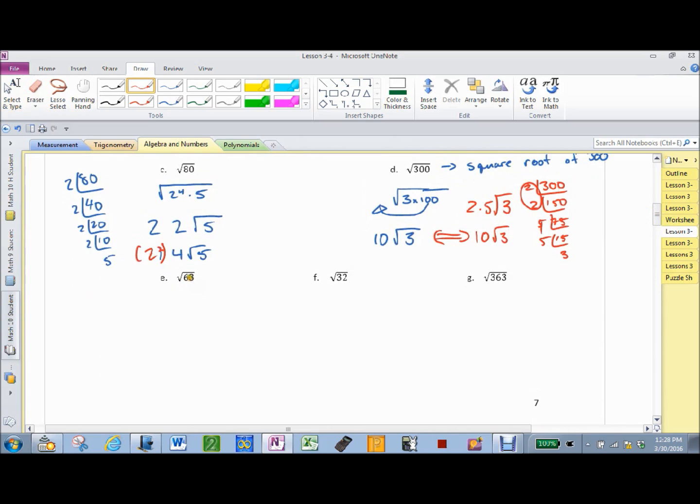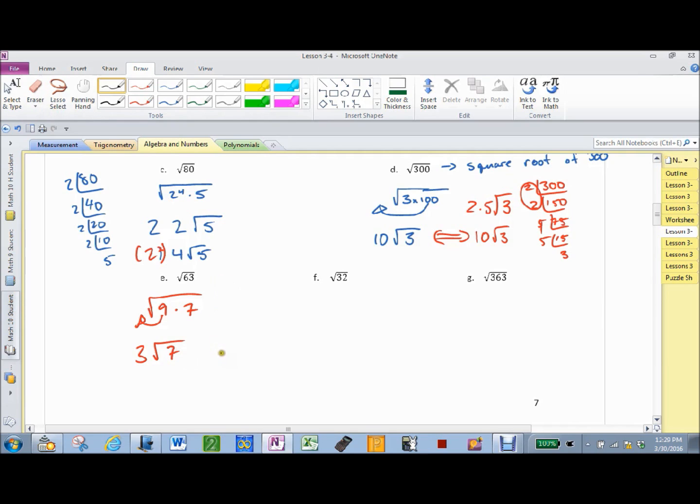So let's look at this first one. 63. Can you guys think of a factor of 63 that is a perfect square? 9. Because 63 is 9 times 7, isn't it, Josh? Does 9 have a perfect square? 3. So what's coming out? 3. And what did we leave under there? 7. Everyone see how it works?